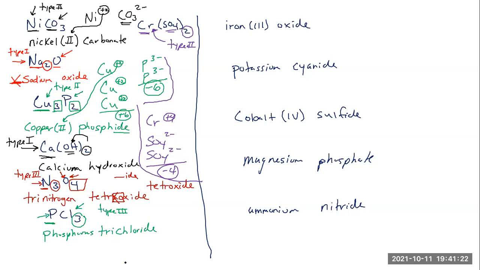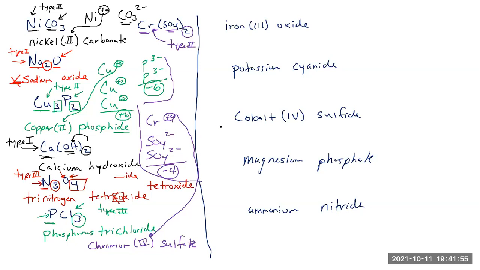We'll go down this way. We will go with chromium, Roman numeral 4 here, again, because of the +4 charge on the metal. And again, even though we have multiples of that polyatomic ion, it has no effect on the name, it would be sulfate. Any questions on any of the names to the left there?